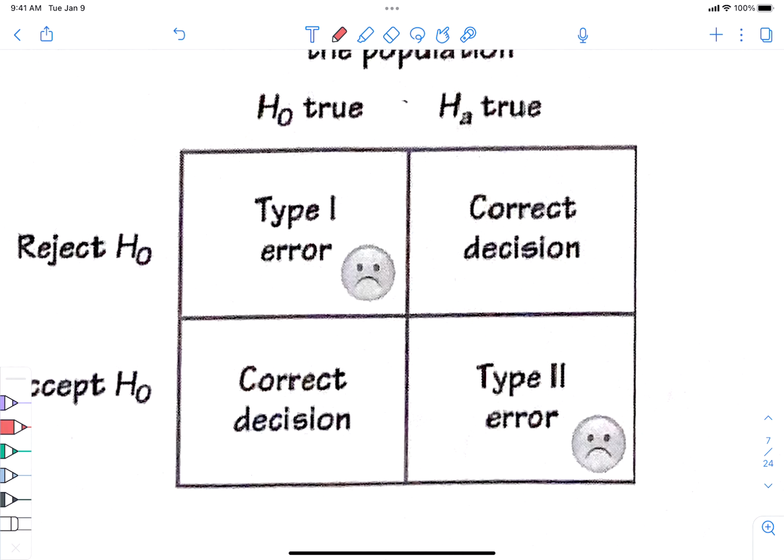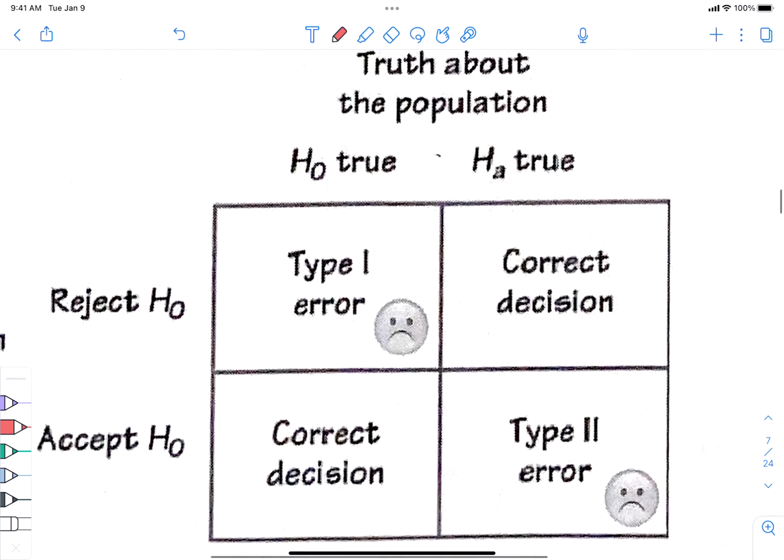Let's use innocent until proven guilty, and talk about people accused of murder. Truth about things: let's say H0 is true, our person is innocent.